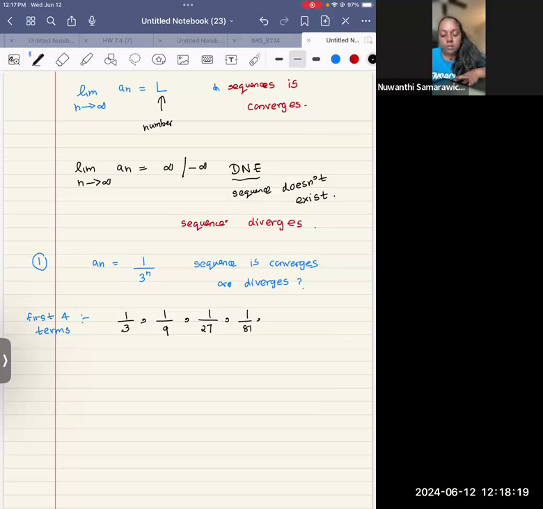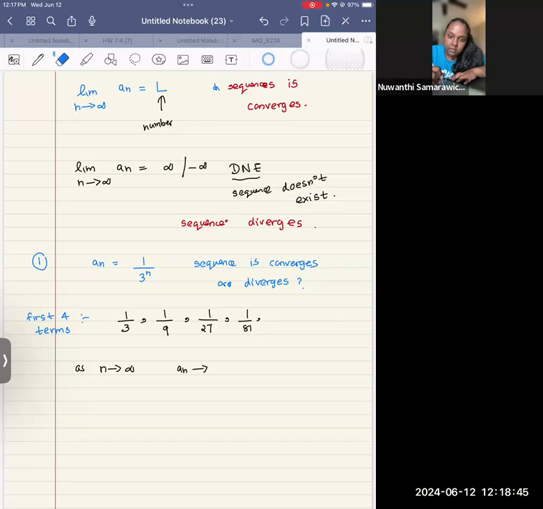So what can you say about this sequence? As n goes to infinity, that is when n is increasing, what happens to your a sub n? Is it decreasing or increasing? Decreasing, right? So when n increases, your a sub n decreases.